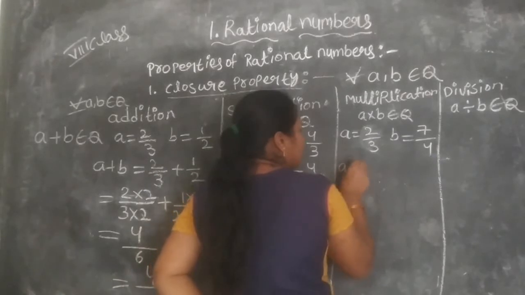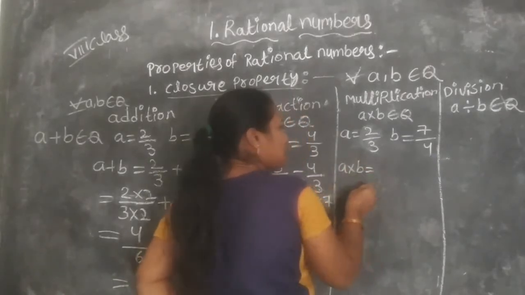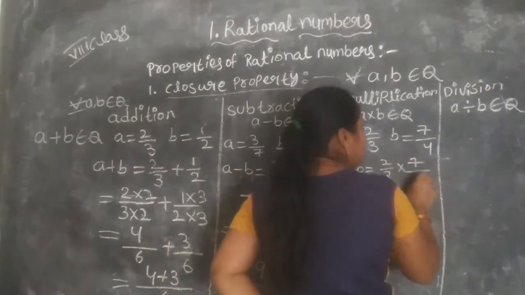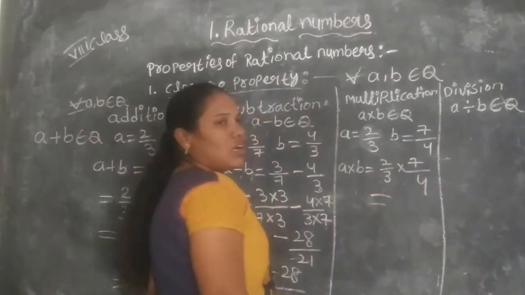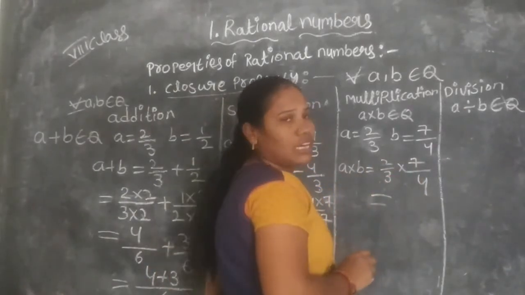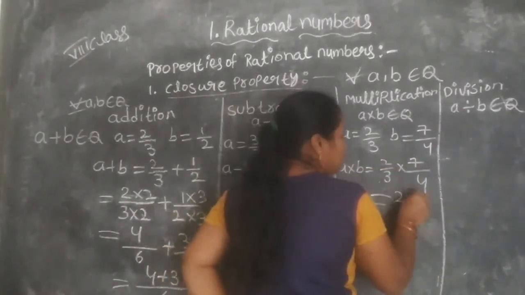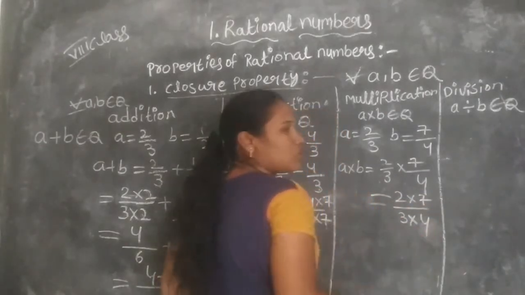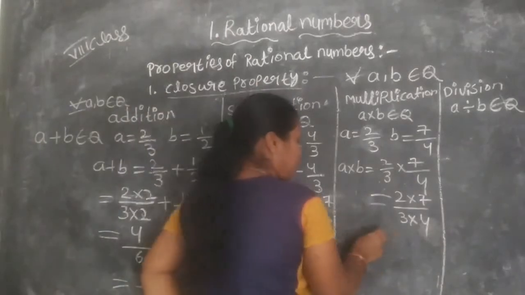So the operation is a into b. A into b means 2 by 3 into 7 by 4. For multiplication, multiply the numerators and multiply the denominators. Okay, clear? So it means 2 into 7 by 3 into 4.